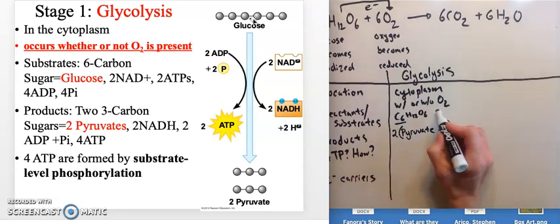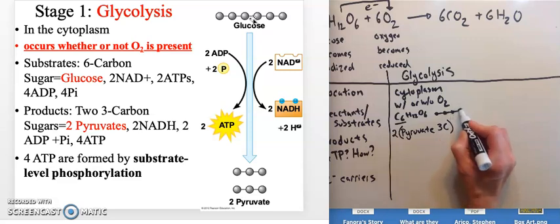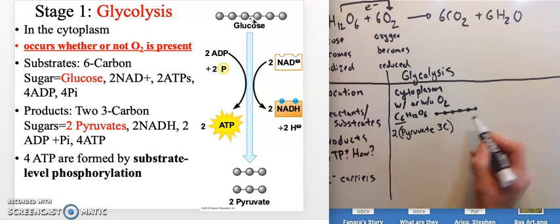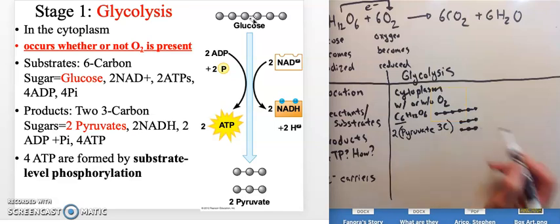So we have our 6-carbon glucose molecule as a reactant, and it gets split in half to form two 3-carbon molecules called pyruvate. So this is an overall summary of the process, but there's actually a couple steps in between.